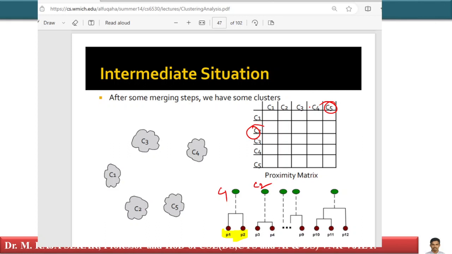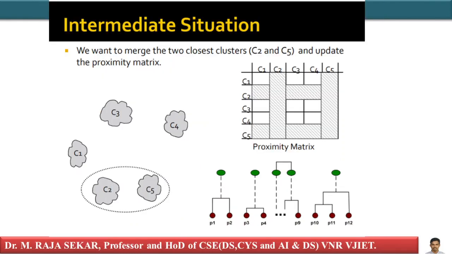Your proximity matrix will have C2 union C5 as a new entry. Now you have to recompute all these values. Which values do I have to recompute? These values. We want to merge two clusters here and update the proximity matrix.